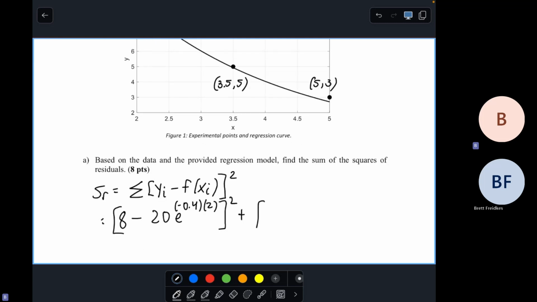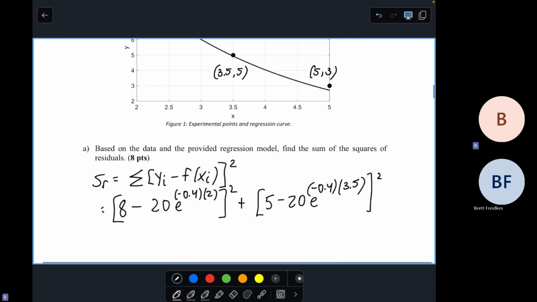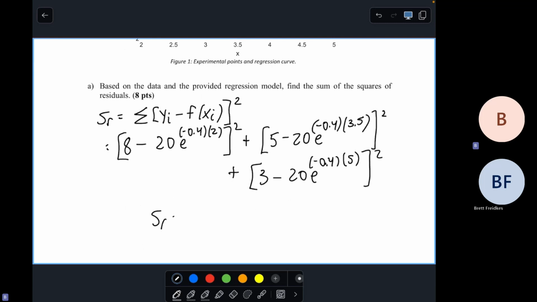Plus y2, which is 5, from this point, minus 20e to the negative 0.4 times 3.5, that's the x value, squared. And we do one more: 3 minus 20e to the negative 0.4 times 5, squared. If you do that math, you will get SR is approximately 1.06.